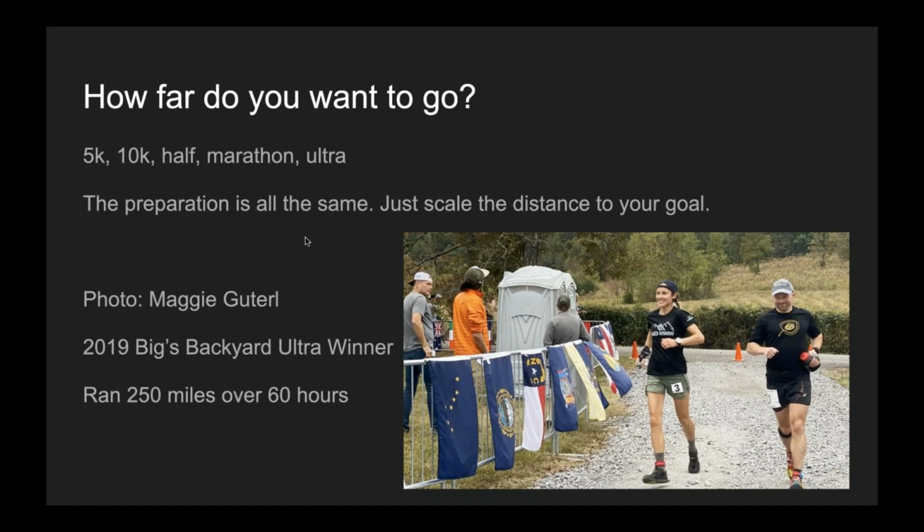This is a picture on the right of Maggie Guttural. She won the 2019 Big's Backyard Ultra, which is an ultra race where every hour you have to run 4 miles. And if you don't complete 4 miles before the hour's over, then you have to drop out. And so this race just goes on and on and on. And she won by running over 250 miles over 60 hours in a row.